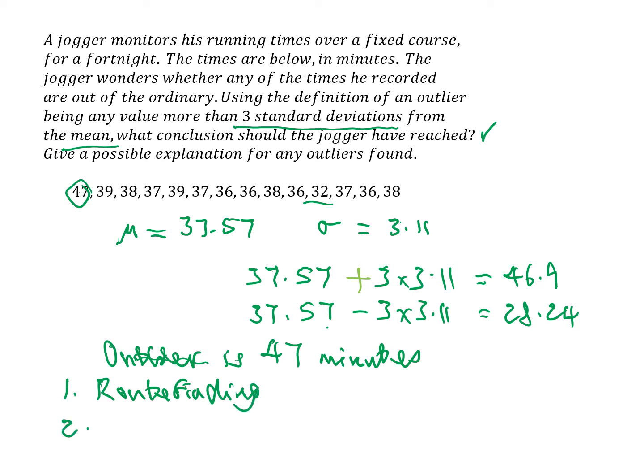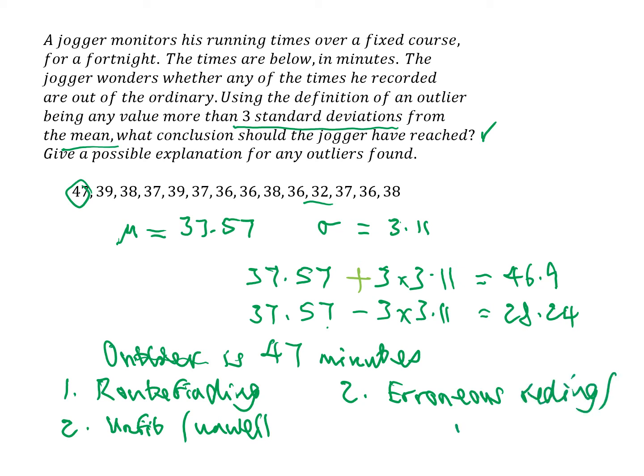He could possibly have been a little bit unfit or unwell. It's possible that, for example, he might have written down the value of the time incorrectly. So there could have been an erroneous reading or recording.